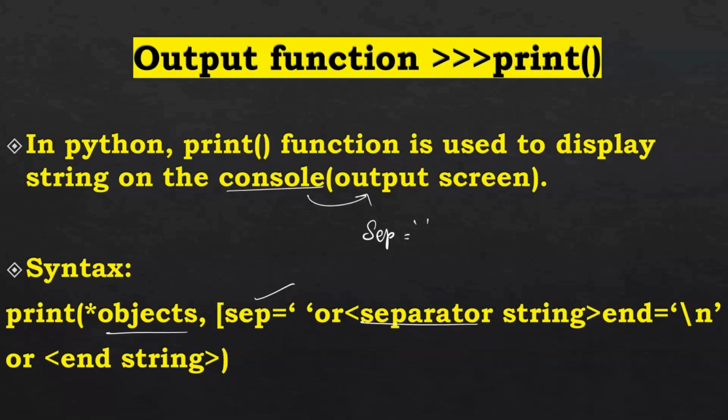Then there is the end equals argument, where you give end equals \n. End equals \n means the next object to be printed is going to be printed on the next line.